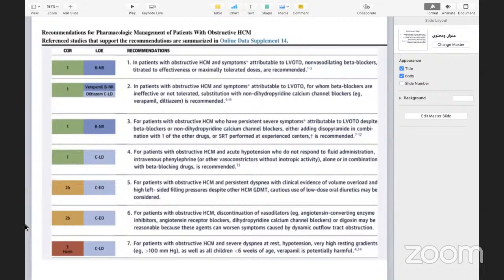And then you also consider septal reduction therapy, whether surgical or interventional. Diuretics are not recommended unless the patient needs them, starting with a low dose, of course.